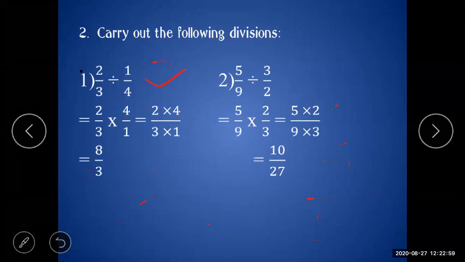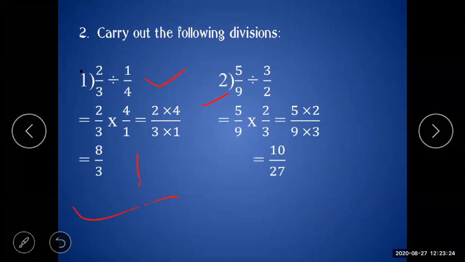Then the division will convert into multiplication. As the division converts into multiplication, the second term will become reciprocal. That is, if it is given 1 upon 4, you have to write 4 upon 1. Then you will multiply 2 into 4 and 3 into 1. 2 4s is 8 and 3 1s is 3.